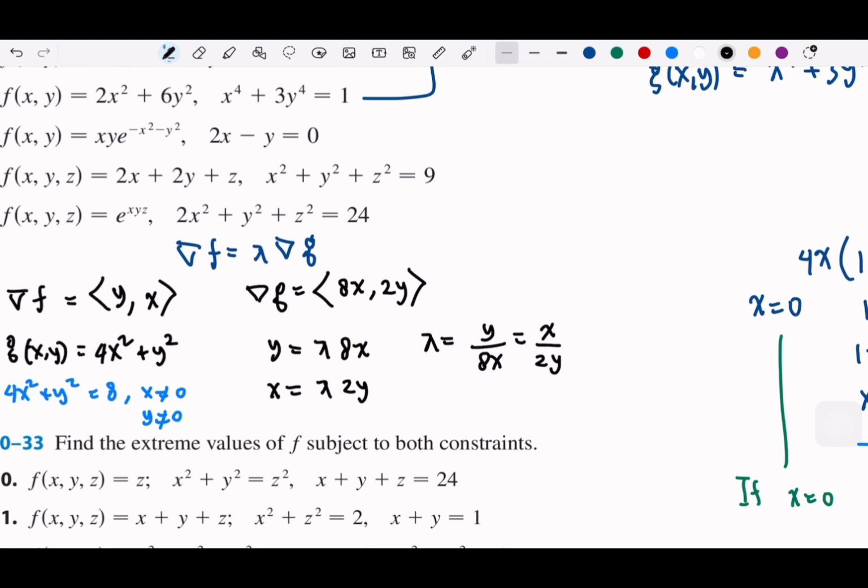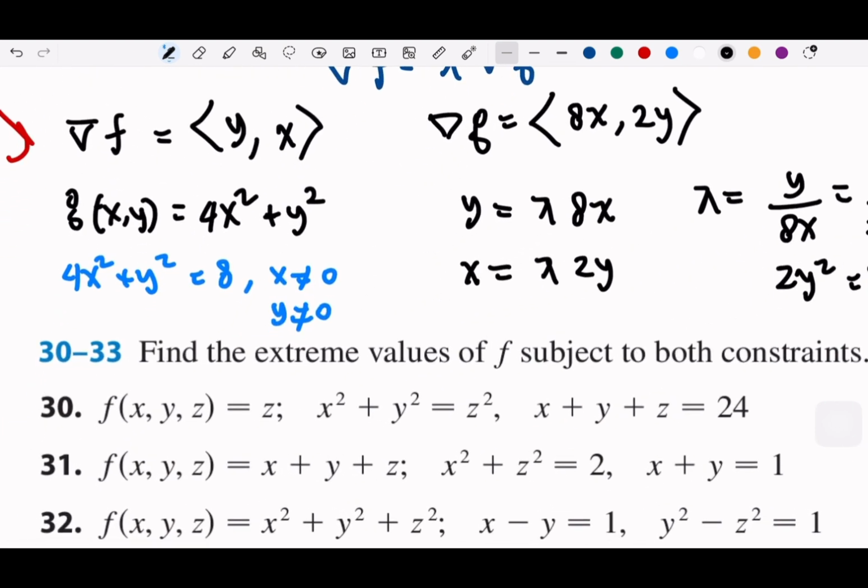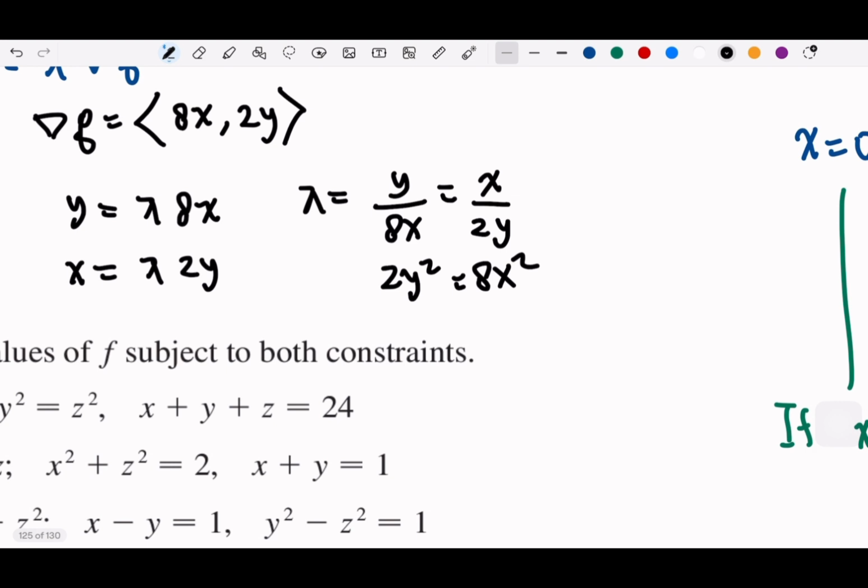Okay, so we have the lambda and we can solve this. Now we can cross multiply. Why can we cross multiply? Because we eliminated the chances for x or y equal to 0, right? Because it's impossible to be 0, then we can cross multiply.